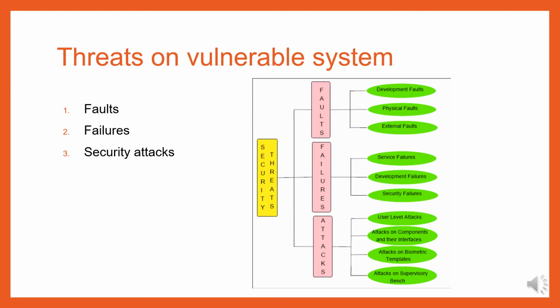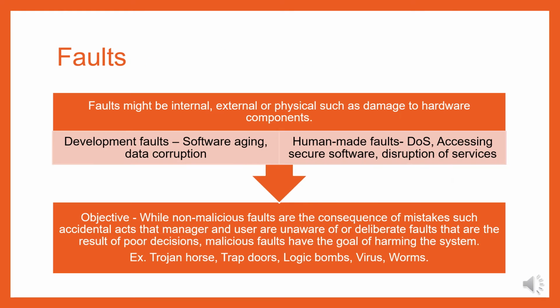Now, there are some threats on a vulnerable system that might harm the system in different ways. That includes faults, failures, and security attacks. We will further discuss all of them in detail. So faults can be categorized depending on whether they are internal, like development faults, external, which can happen due to interaction with various environments, or physical, which affect the hardware component.